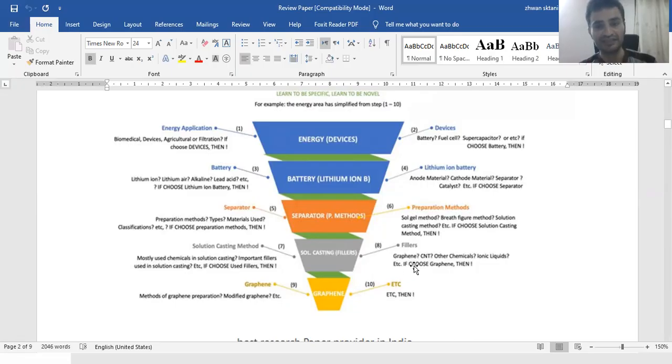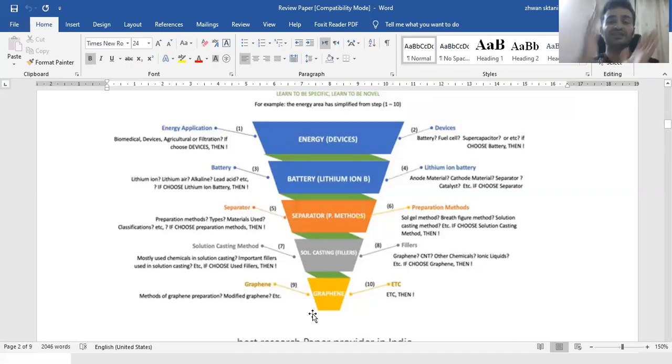In that case, the research field became narrower, very close to the tip. For example, he chose graphene. Let us go to the fifth stage, steps 9 and 10. This is the tip of the reverse triangle.